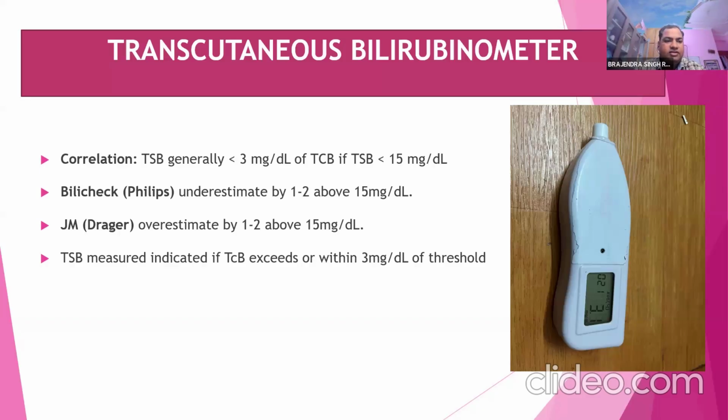Both devices, Philips and Draeger, show different readings: Philips underestimates by 1 and 2 milligram above 15 per DL, and Draeger overestimates by 1 and 2 above 15 per DL. So the chances of accuracy are higher with TCB in correlation with total serum bilirubin when it is less than 15 milligram per DL.